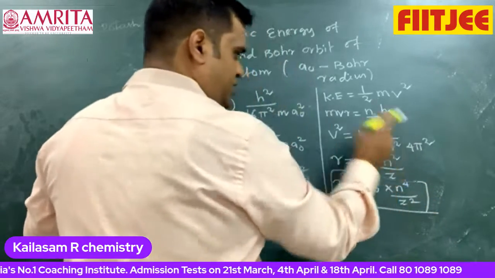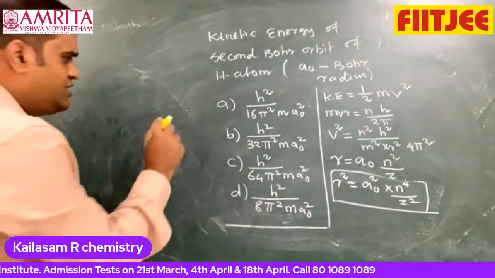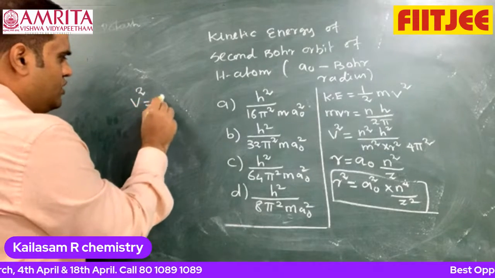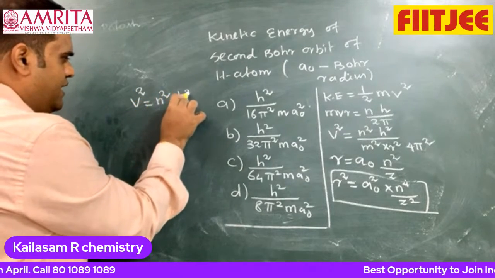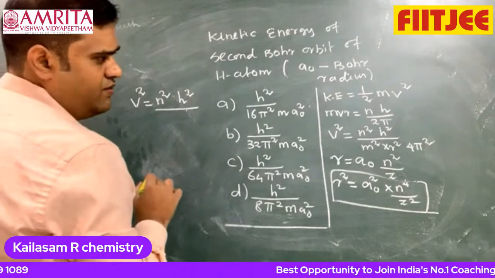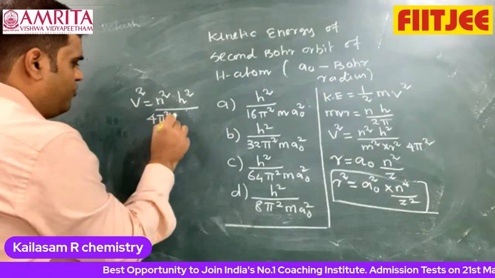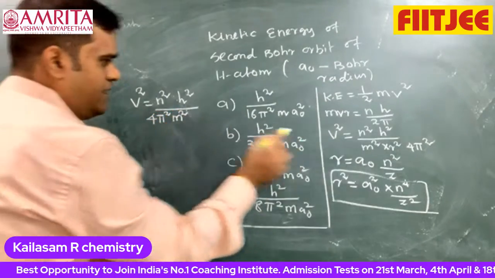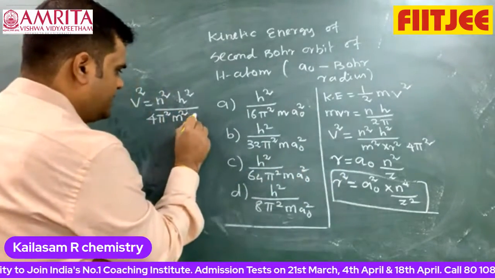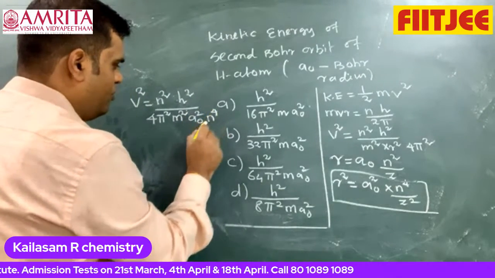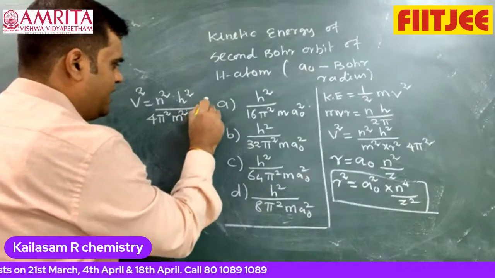Now substitute here. I can write v squared which is equal to n squared h squared by 4 pi squared m squared. What is r squared? You can take it as here a naught square n power 4 into z square.